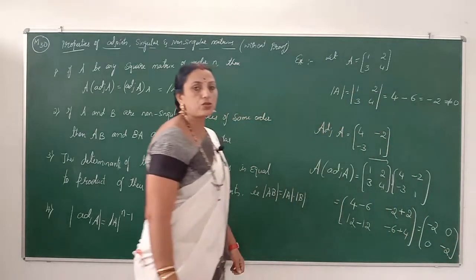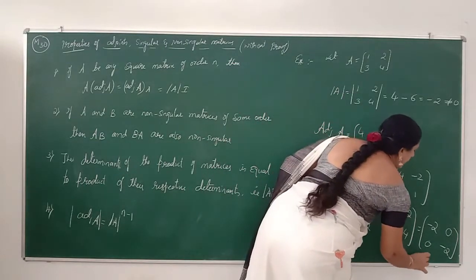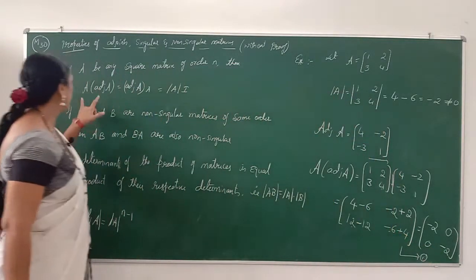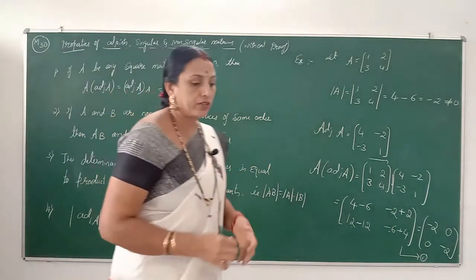Therefore, we get minus 2, 0, 0, minus 2, which we call equation 1, one part of your proof, A into adjoint of A. Remember these values.